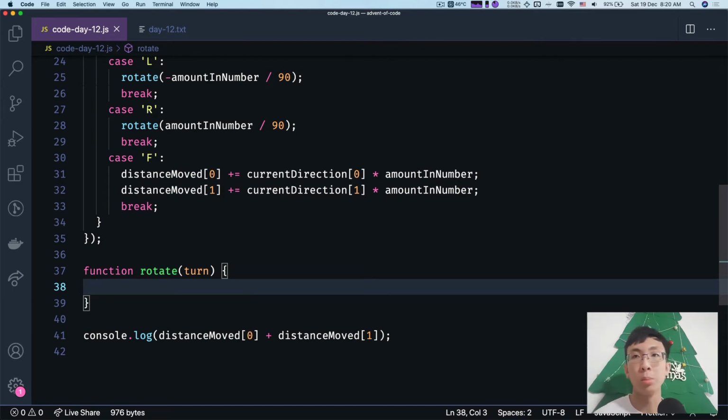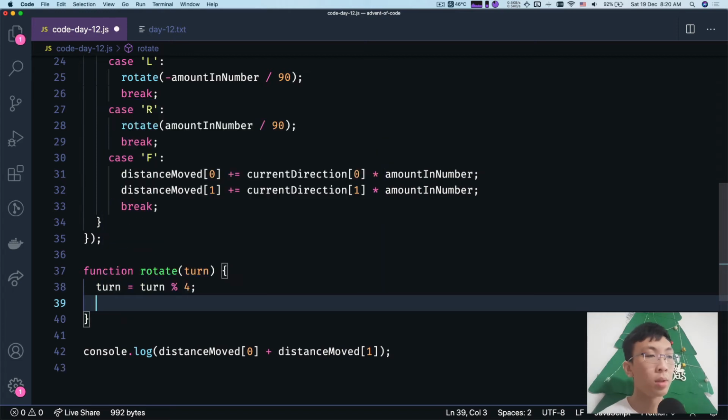If it's 360, it's actually 0. So turn equals turn modulo 4. If you turn more than 4, if you are at 5, that actually equals 1. So modulo 4 will limit it, wrap it around and back to 1.